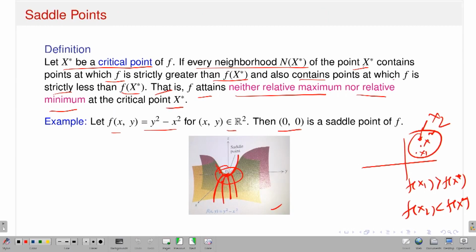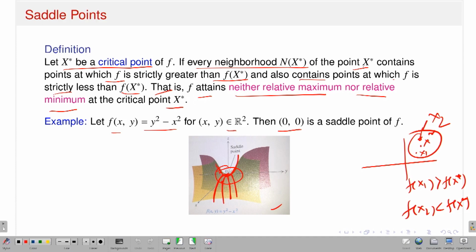Okay. So, I think I should stop here. This is like the notion of critical points. Then I talked about saddle points. Of course, what are the things I have defined? I have a scalar field. Then I talked about what I mean by relative or local maxima, relative or local minima, along with absolute or global maxima, absolute or global minima. Okay. Then I have given a couple of examples.